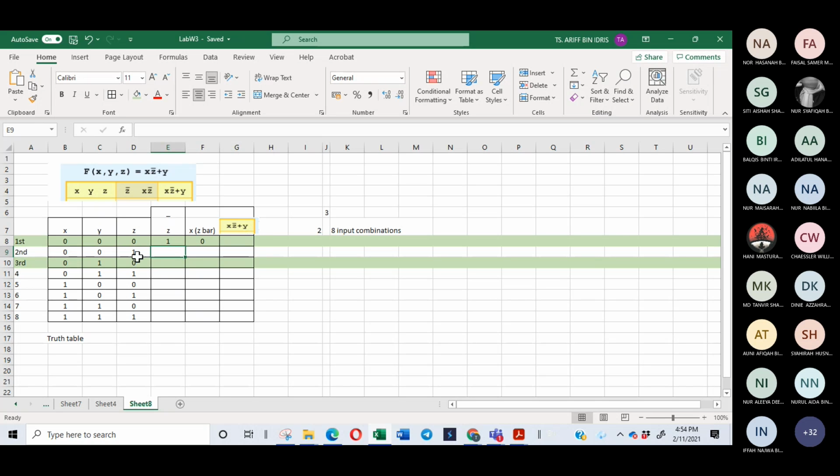The value of z is what, class? 1. What is z bar? Zero. Very good. So now we do the Boolean expression for x and z bar. We have the value for z bar, you AND it with the value of x, so 0 and 0. What is the result? Zero.